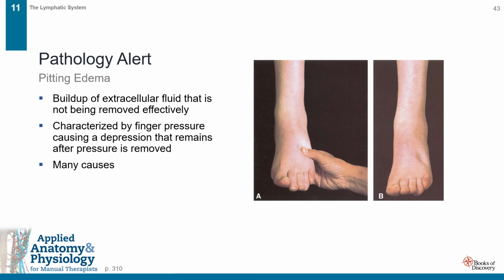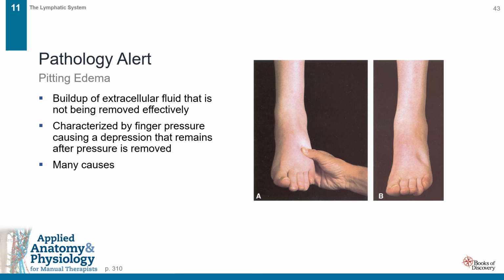Now let's take a look at our pathology alert, pitting edema. When pressure from a finger causes a depression or indentation that remains in the skin and soft tissue after pressure is removed, it is called pitting edema. This demonstrates that the buildup of extracellular fluid, which is edema, is not being removed effectively by the lymphatic system.